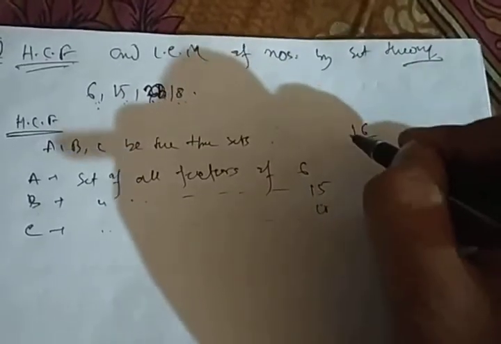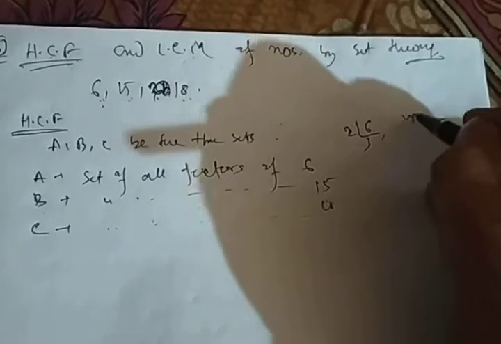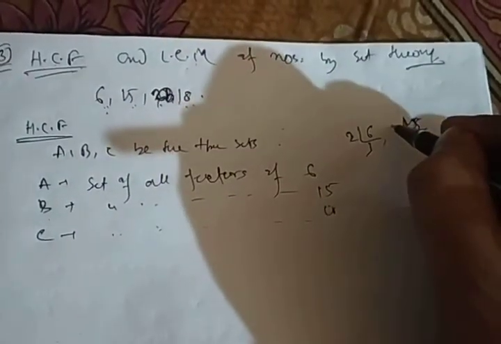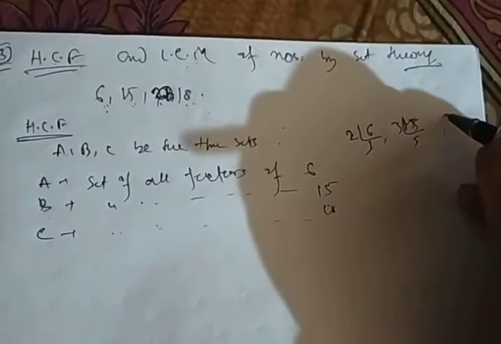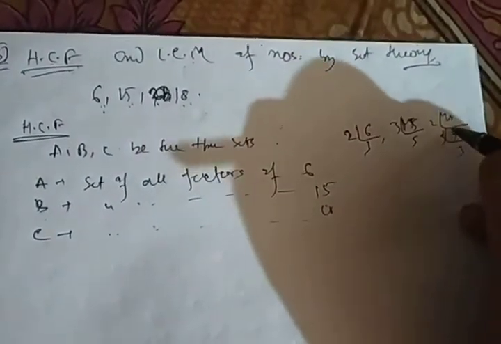So if we write 6 as 2 3, 15 as 3 5, 18 as 2 9 3 3.